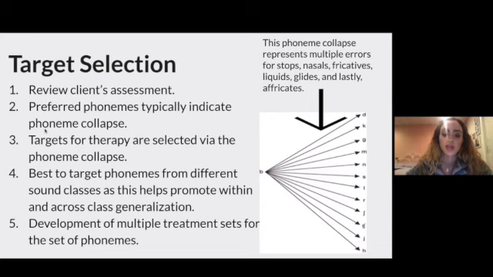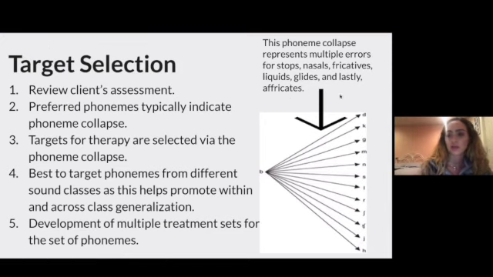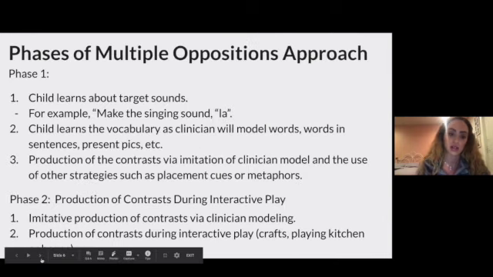Targets for therapy are selected via the phoneme collapse, and it's always best to target the phonemes from different sound classes, as this helps promote generalization within and across the classes, and development of multiple treatment sets for the set of phonemes. Here you will see a phoneme collapse representing multiple errors for stops, nasals, fricatives, liquids, glides, and affricates.